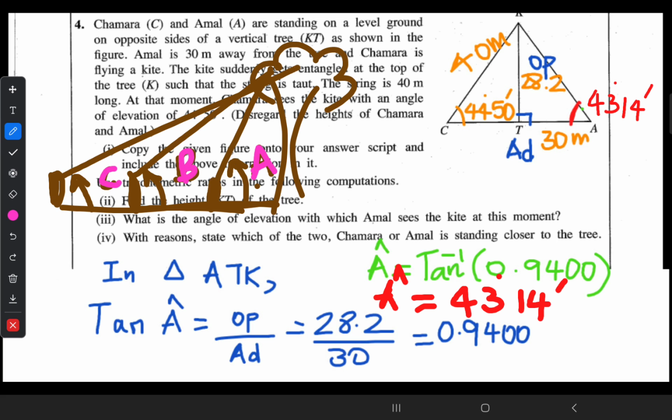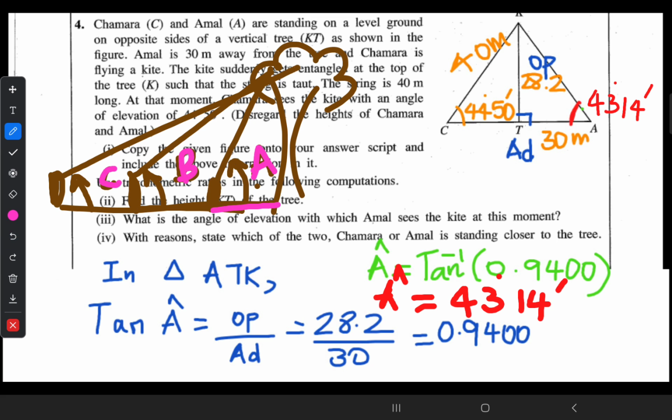In three instances, this is a practical application question. Now, when you are standing at position A, the angle of elevation is quite high because you are standing near to the tree. When you are standing near to the tree, the angle of elevation is high. When you are going away from the tree, the angle of elevation gets lower.